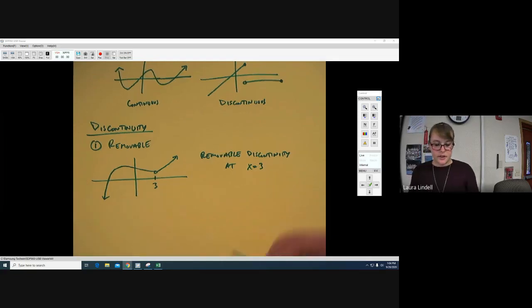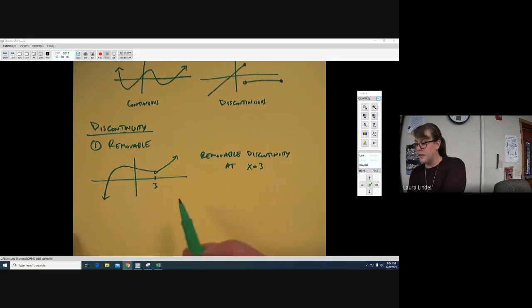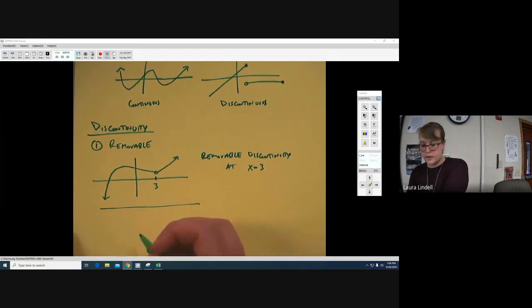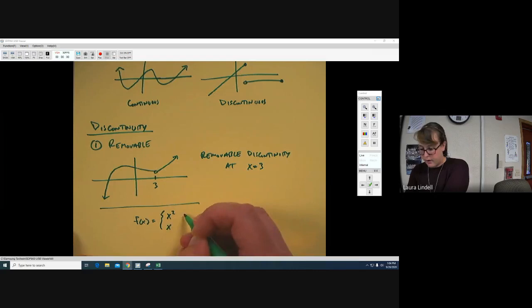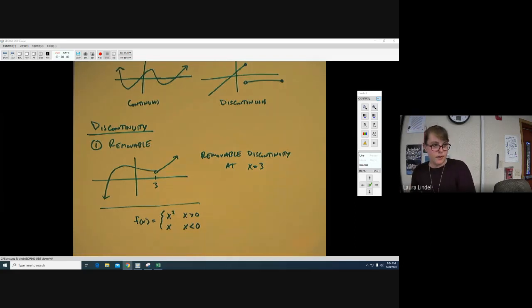You could also see it written in a piecewise function, something like f of x equals x squared if x is greater than 0, or x if x is less than 0.